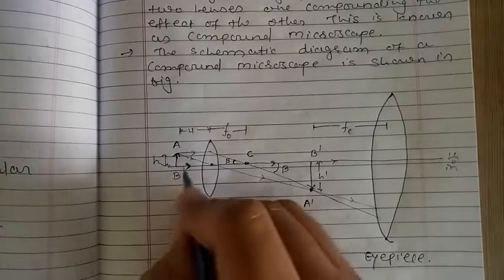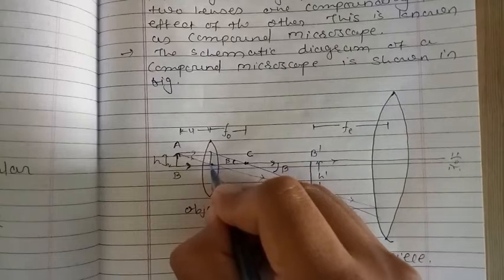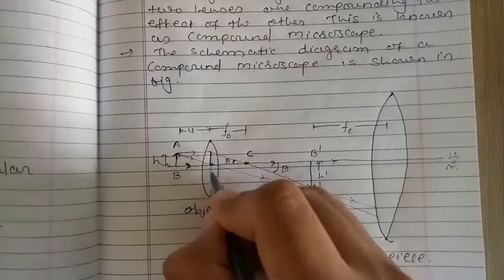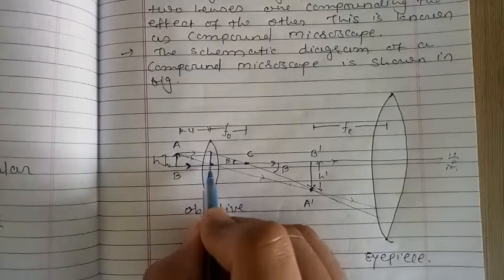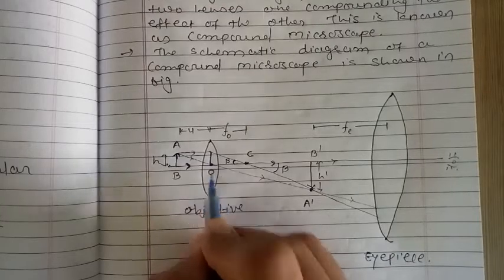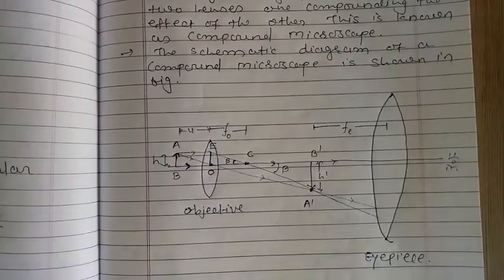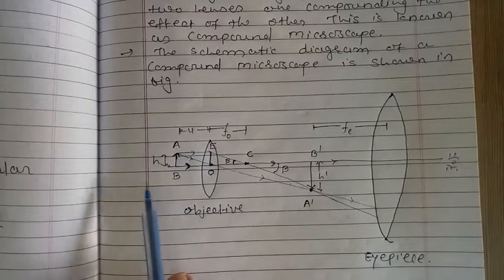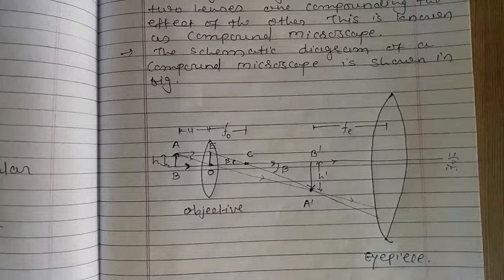Now if this is AB, then this is also AB, so this height is also H, right? Here I denote this point by O, and here E. So if AB is H, then OE is also H, right?